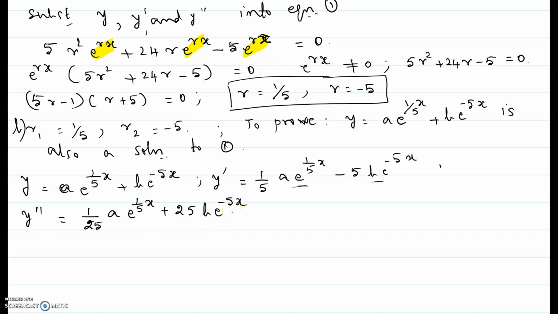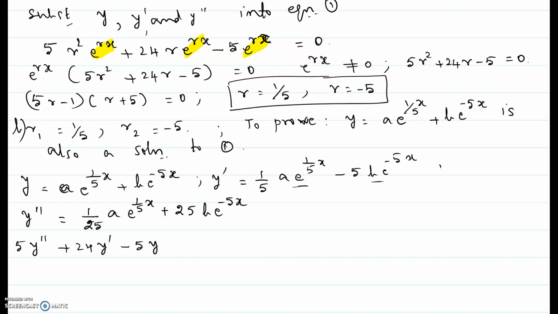Now we have to show this y satisfies the original differential equation given in the problem. So let's consider 5y double prime plus 24y prime minus 5y.